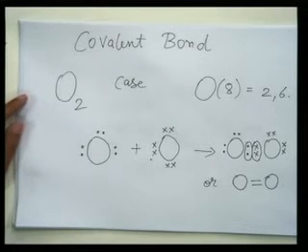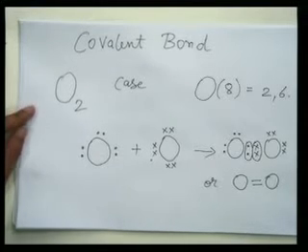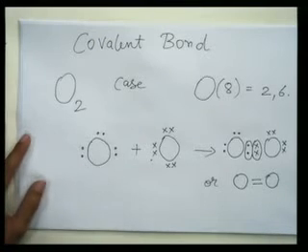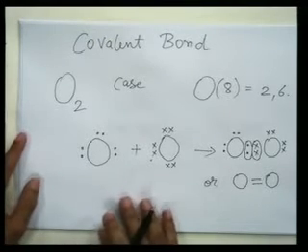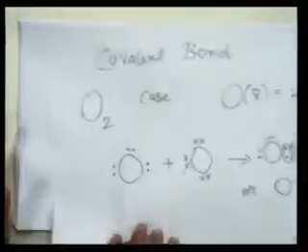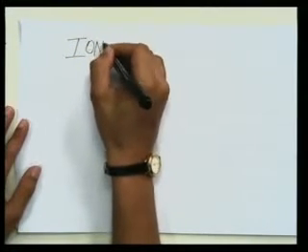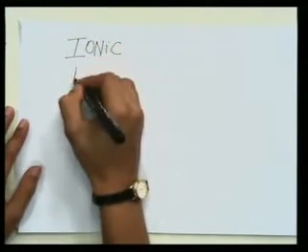Okay, now we can do one thing. We can differentiate between your ionic bond and covalent bond, so that we can have the idea about the different case. Let us write the difference. Now you have ionic bond.